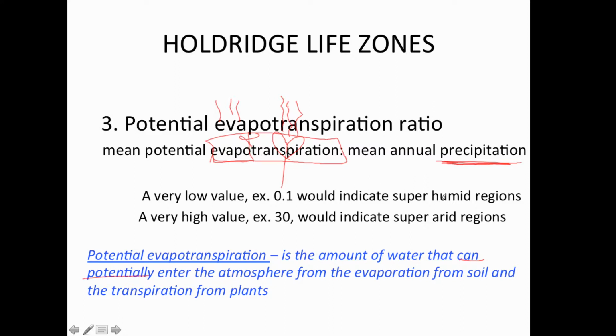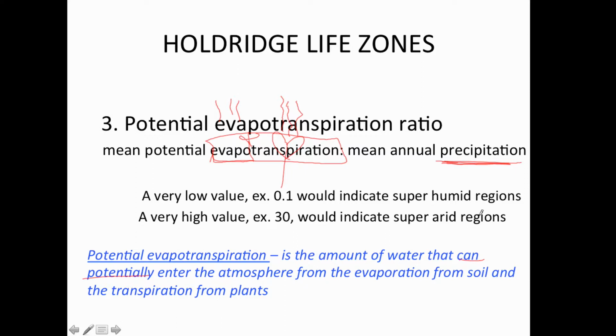And so that's going to mean a very humid region. Whereas if this is a very high value, we've got a lot of evapotranspiration and not so much precipitation. And so that's going to be a super arid region.